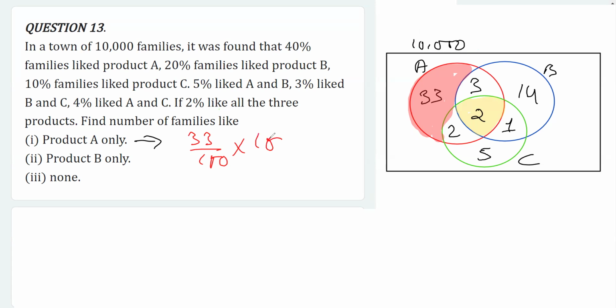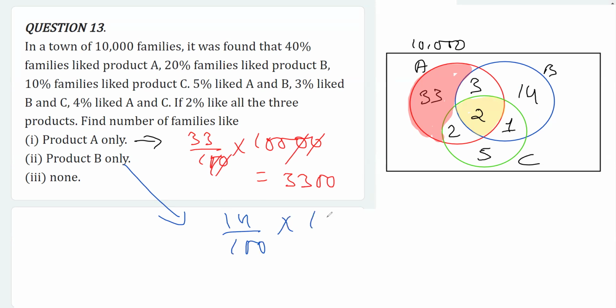So this gets cancelled, and we get 3,300. Likewise, we can find it for B as well. Only B is this 14%, which is 14 over 100 into 10,000. So that comes out to be 1,400.